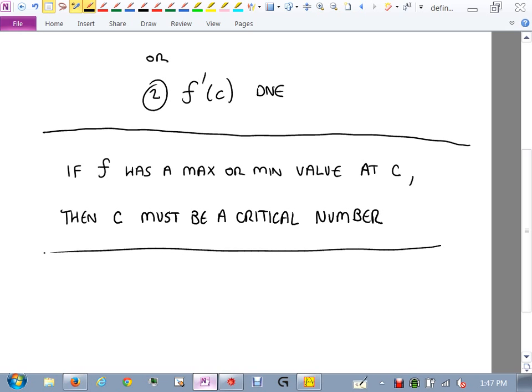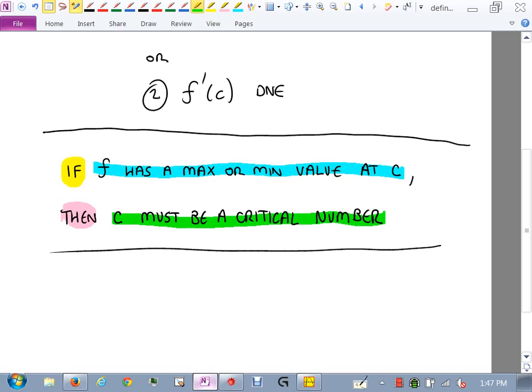We have to be extremely careful not to read this the wrong way. So maybe a quick little lesson in logic and implications. There are some key words here. If this is true, then this is my conclusion, right?